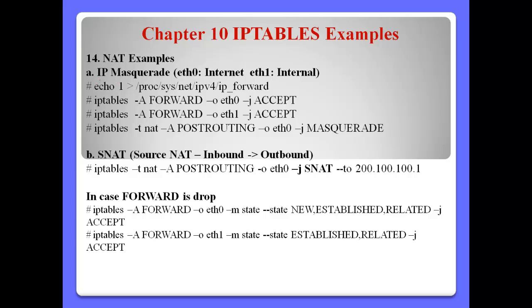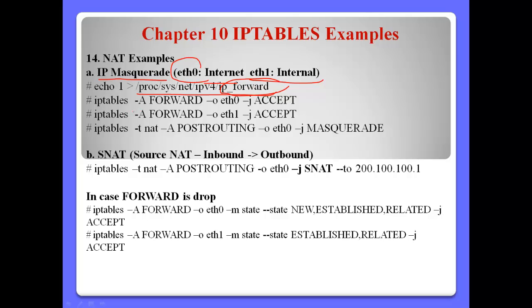Number 14, the NAT examples. First one, IP masquerade. In my case now, let's guess eth0 is the internet, the external connection, and eth1 is the internal connection. So in this case, first, echo 1 to /proc/sys/net/ipv4/ip_forward. Using this, we can support IP masquerade by the forward chain.